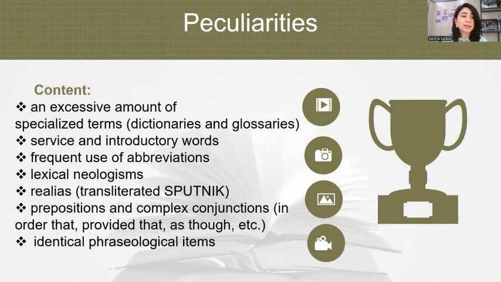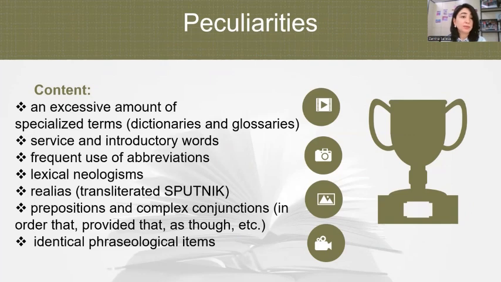So let us discuss the general peculiarities. Later on, we will try to explain the grammatical, stylistic, and many other peculiarities within the scientific technical text. Here you could see that the main peculiarity is an excessive amount of specialized terms.